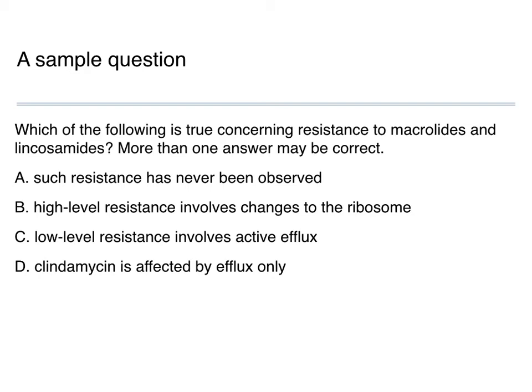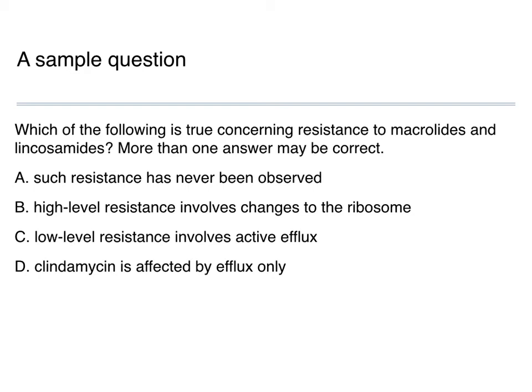Yes, correct. So that would be high-level resistance, again, a high jump in the MIC, and you wouldn't be able to use a macrolide or a clindamycin for an isolate that had that type of resistance. How about C, true or not? I'm going to say true. Right, so efflux causes that low level of resistance. Again, you could often use a macrolide to treat an isolate that was expressing active efflux.